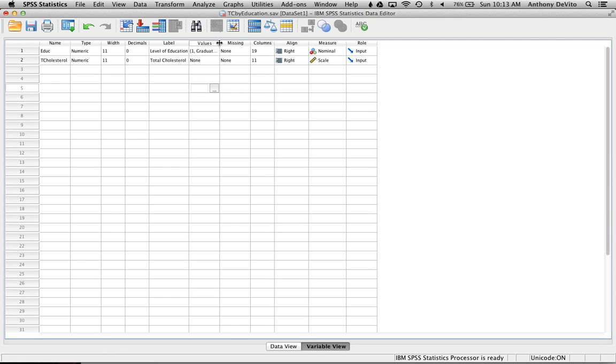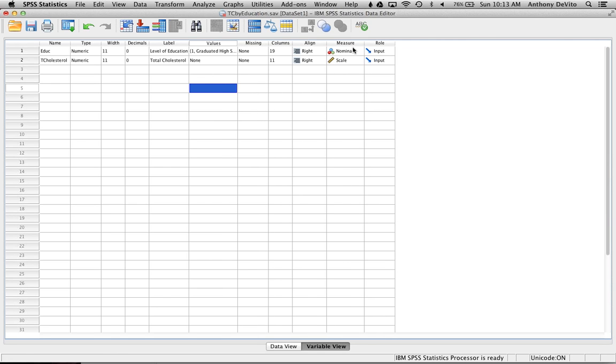Now, as far as values are concerned, if I look at the measure column here, it already knows that education is a nominal variable. SPSS gives you a number of options here: nominal, ordinal, or scalar. Scalar is the same thing as numeric in most of the other systems that we've used. So we can have a number like cholesterol.